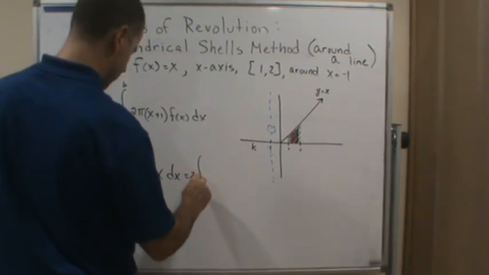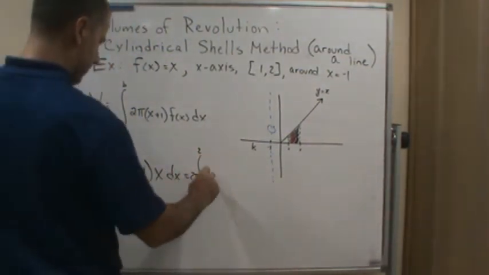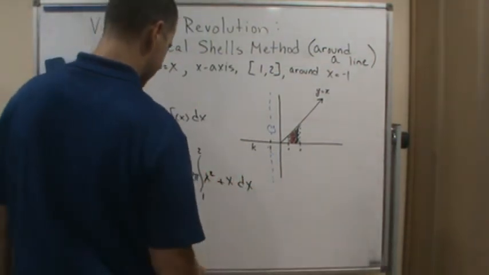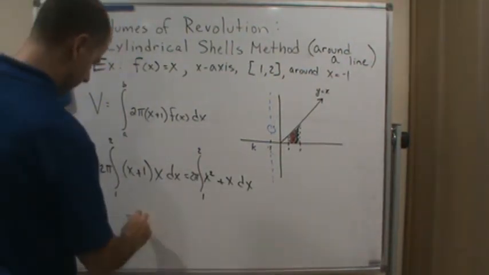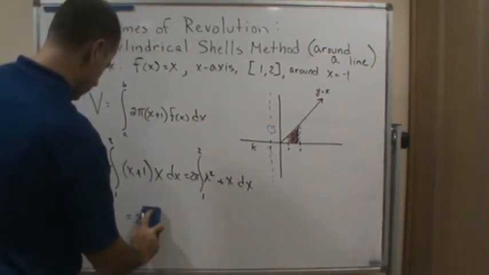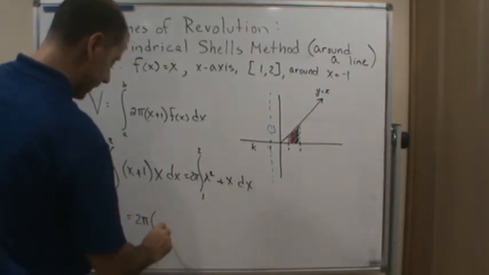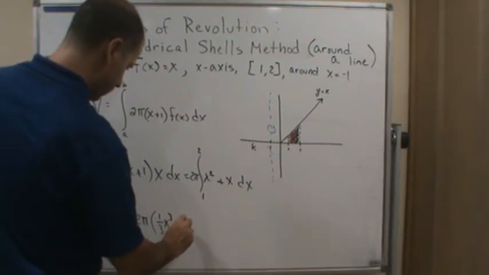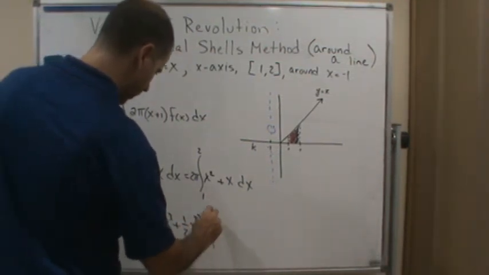So that's 2 pi integral from 1 to 2, and of course this is x squared plus x dx. If we integrate, this is going to be 2 pi times 1/3 x cubed plus 1/2 x squared, evaluated from 1 to 2.